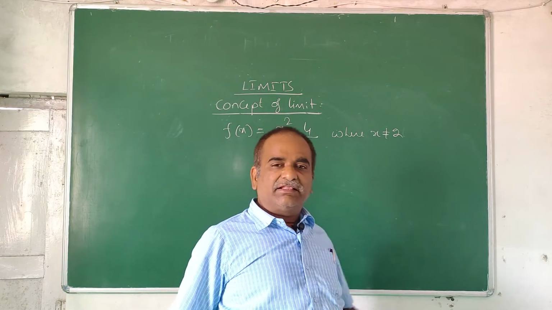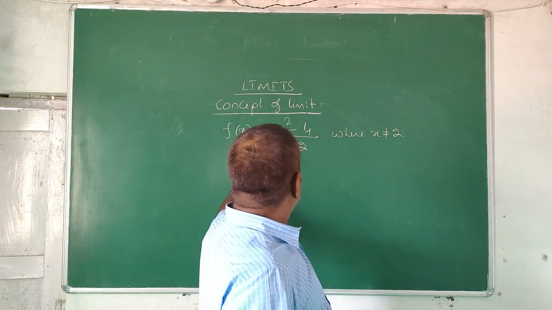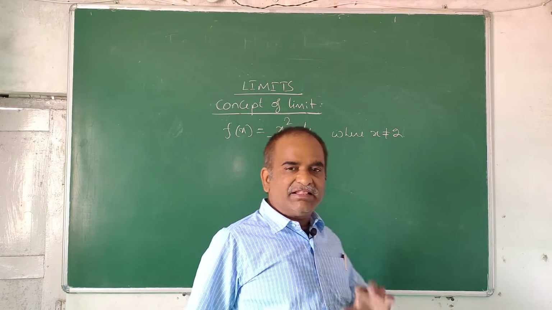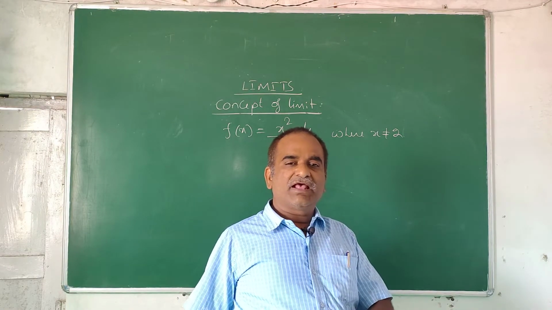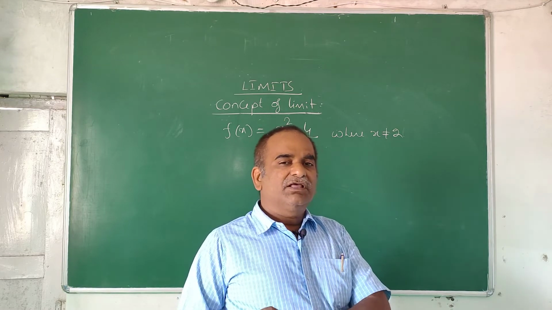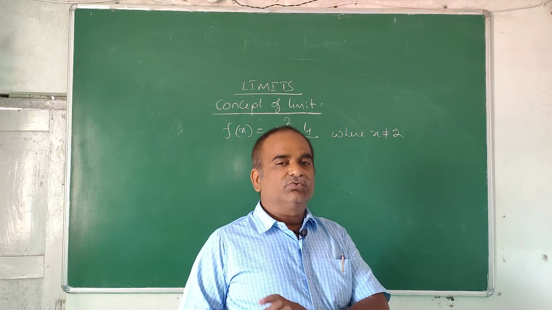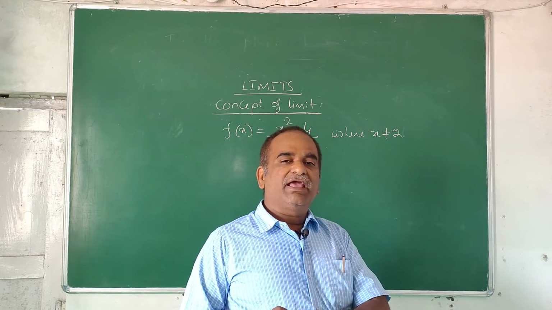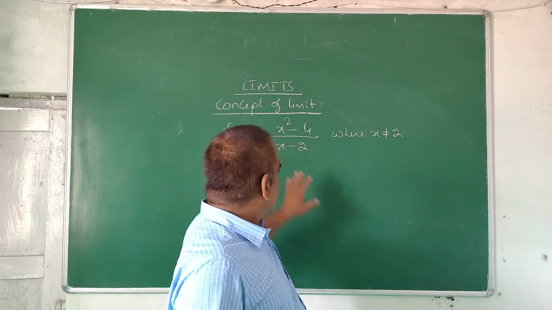If you take x is equal to 2, then f of 2 would be 0 by 0, which is known as indeterminate form. So we have to ignore 2 for that function to be a real function.